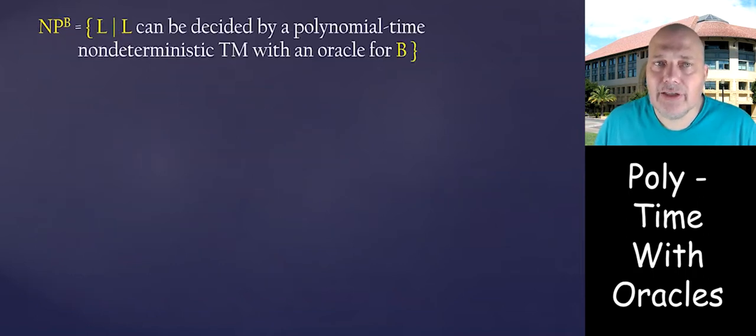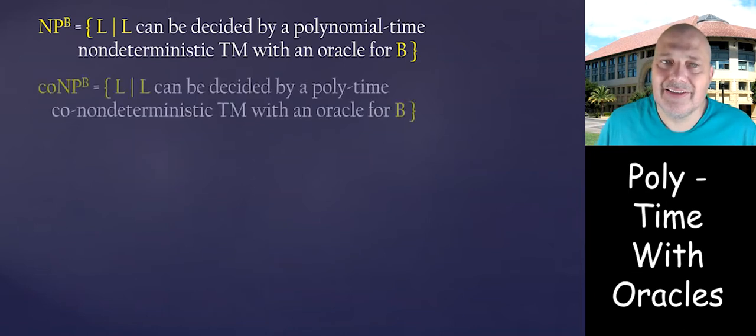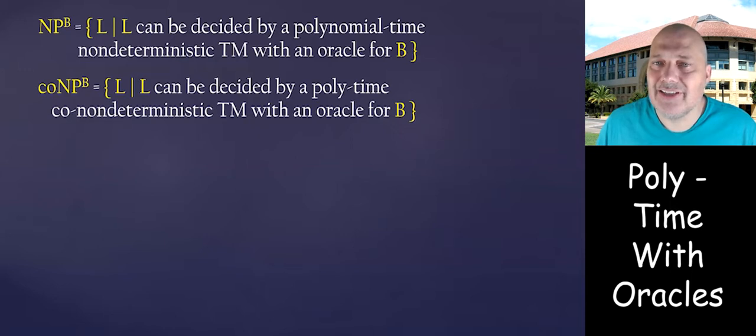NP to the B are all the languages that can be decided by a polynomial time non-deterministic Turing machine with an oracle for B. CoNP to the B are all the languages that can be decided by a polynomial time co-non-deterministic Turing machine with an oracle to B.